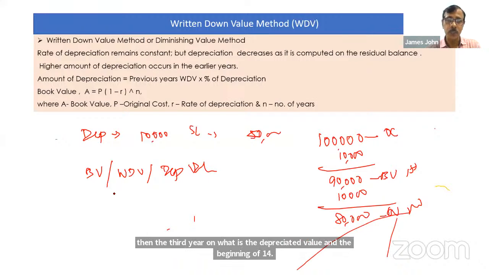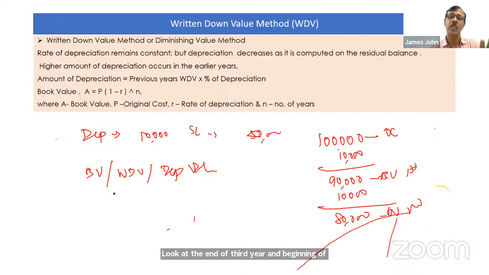Look, the end of third year and the beginning of fourth year is the same. As you are closing your books as of 31st of March every year, the closing balance of 31st March and the opening balance of 1st April is one and the same thing. Similarly, the end of third year and beginning of fourth year means the same thing. N is 3, not 4. That you have to be very clear.